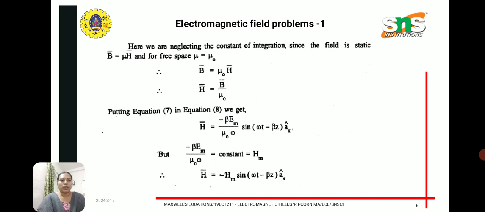Substituting the B vector value, H can be written as minus beta Em divided by mu naught omega sin(omega t minus beta z) Ax cap. The magnitude term is written as Hm. So we get the magnetic field intensity value. Like this we use Maxwell's equation of Faraday's law. In the problem the electric field value is given, and from this we have found the magnetic flux density and magnetic field intensity.